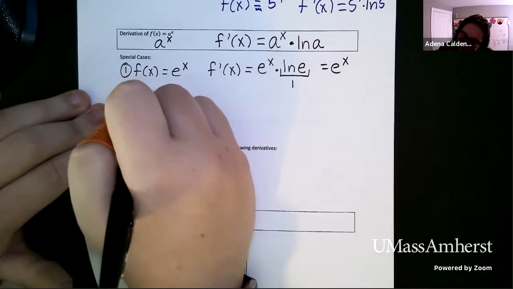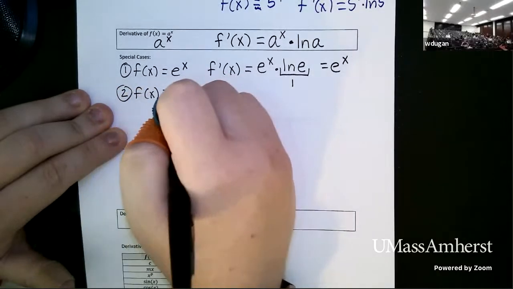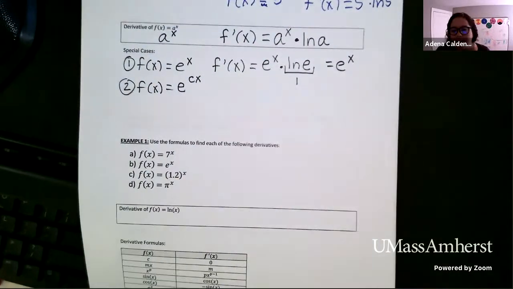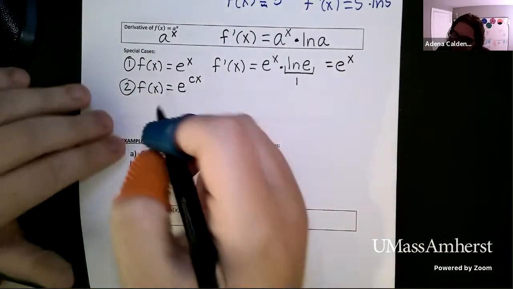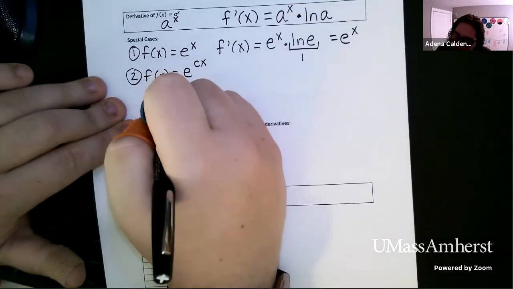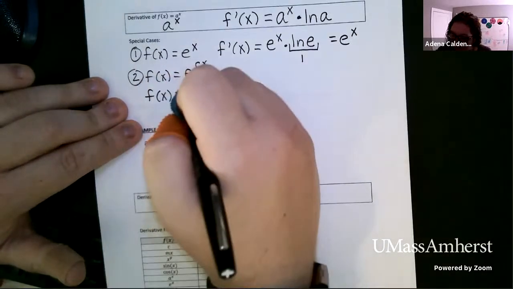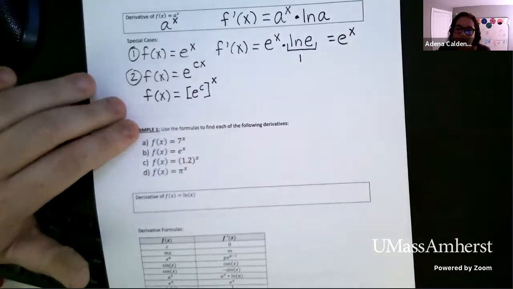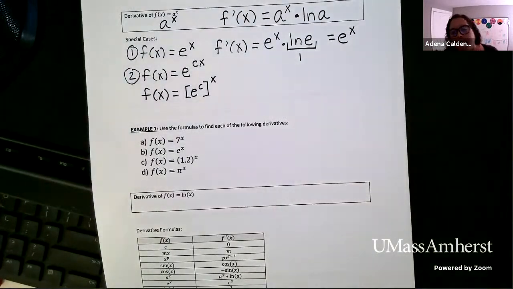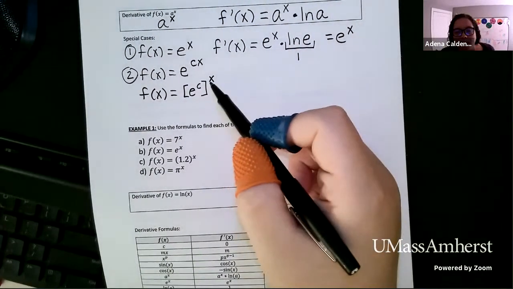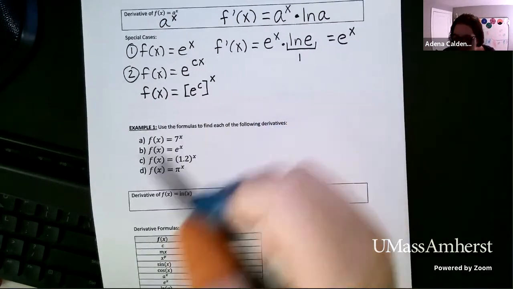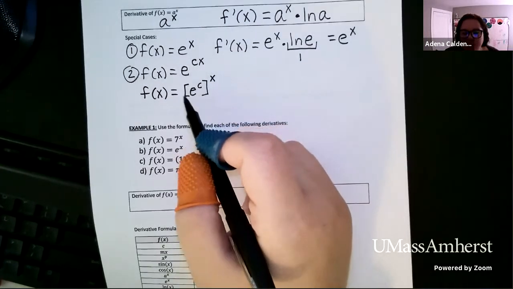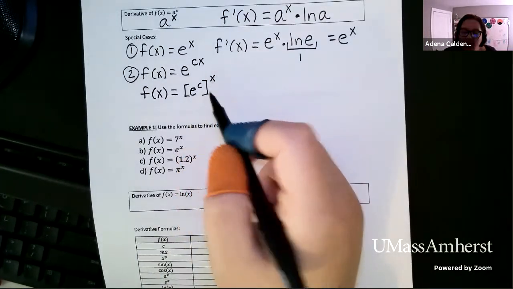Now, if we happen to have some number up in the power, e to the 5x, e to the 10x, something like that, we can algebraically rewrite this as e to the c to the x. So we can separate that power this way because when powers are raised to powers, you multiply them together. So this is now an exponential function where the base is e to the c and the power is x.